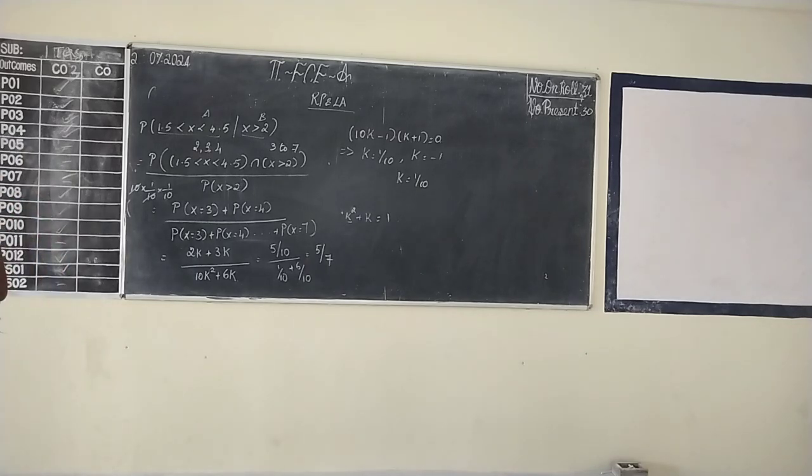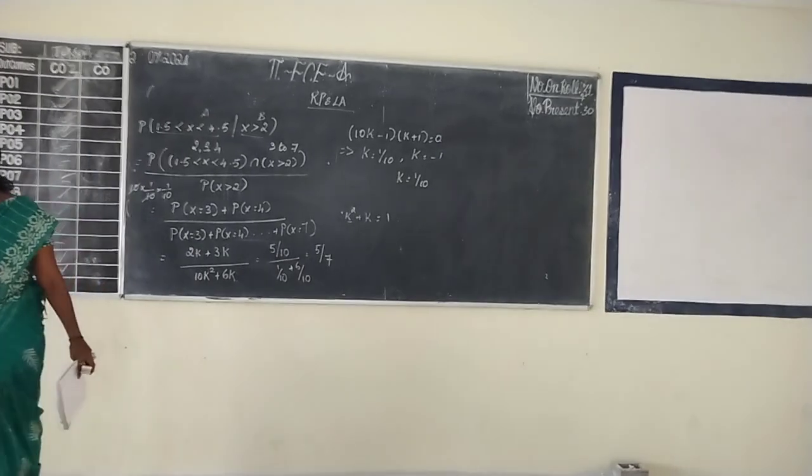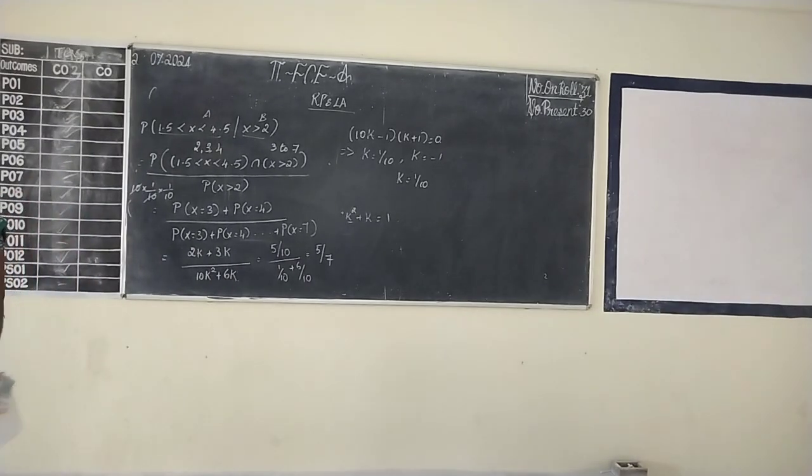One more subdivision. What is that one? Smallest value of lambda for which P of x less than or equal to lambda is greater than 1 by 2. Can you understand the meaning of this one? Let me just recover. Lambda is given. You have to find that in x or in probability.